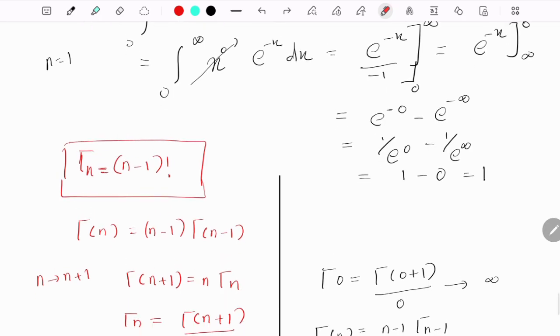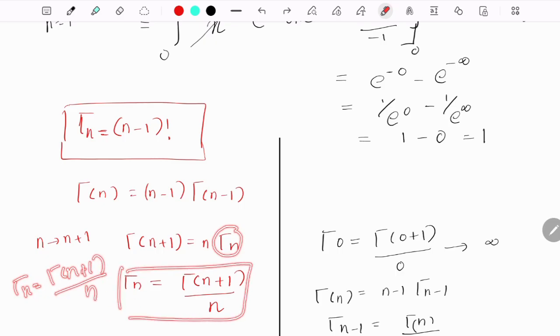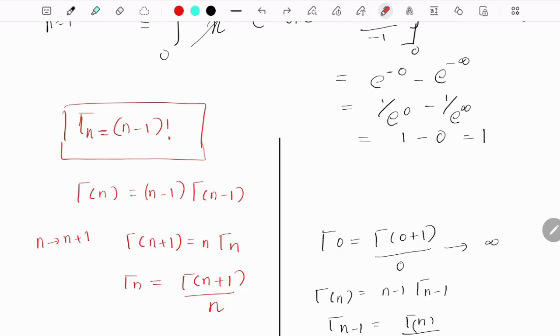And from this equation, gamma of n equal to gamma of n plus 1 divided by n. Okay, so if n equal to 0, then gamma of 0 is gamma of 1 divided by 0, that is infinity, undefined.